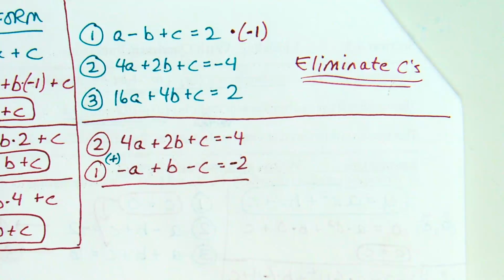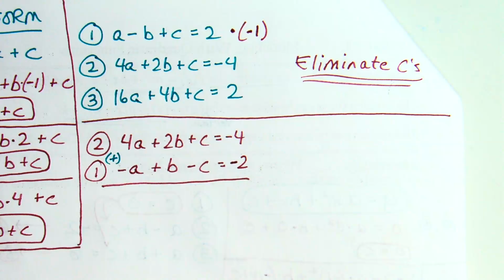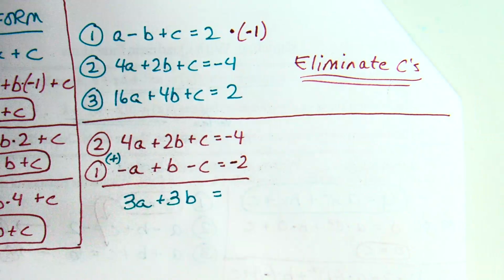Add: 4a plus negative a, 3a. 2b plus b, 3b. C plus negative c. Negative 4 plus negative 2, negative 6. What am I going to call this? I'm going to call this equation 4.